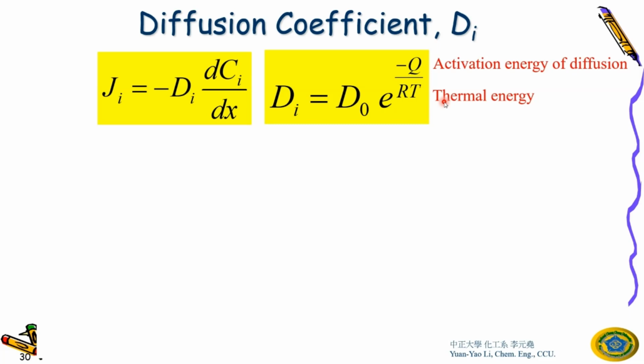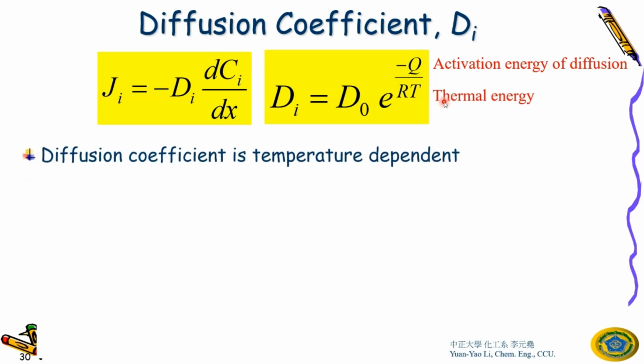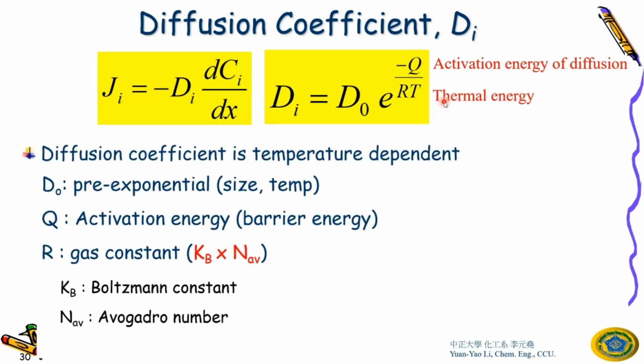You might think, well, Professor, I learned kT, not RT. R is what? R is the gas constant. The gas constant is the Boltzmann constant times Avogadro number. That's it. So again it is the thermal energy per 1 mole.